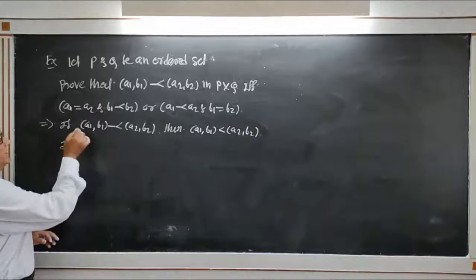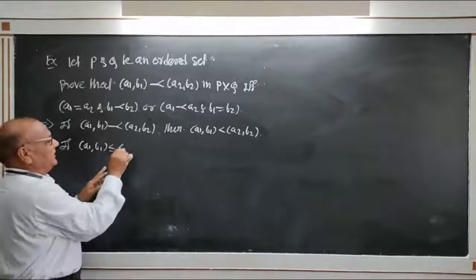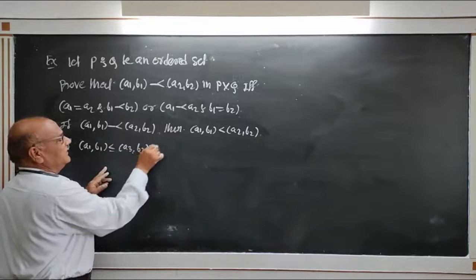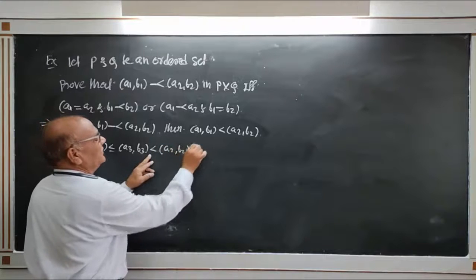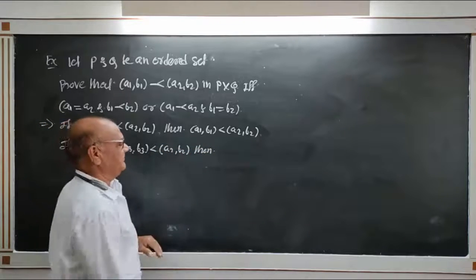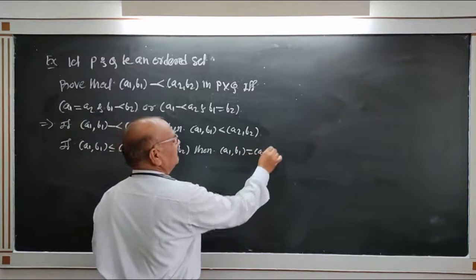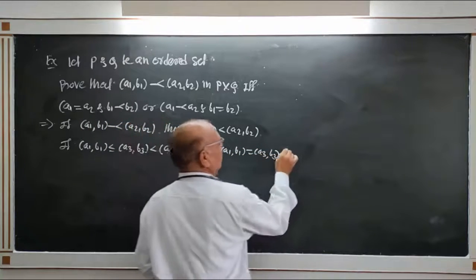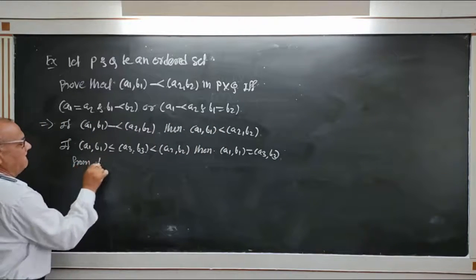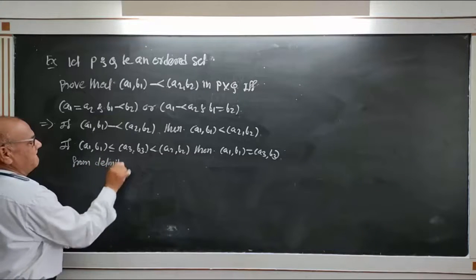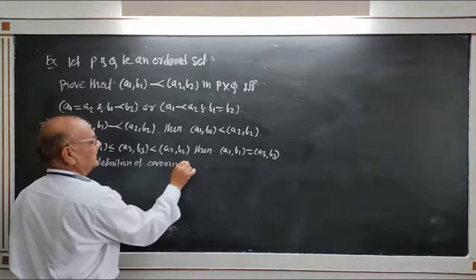If (A1, B1) is related to (A3, B3), which is strictly related to (A2, B2), then (A1, B1) is equal to (A3, B3) by the definition of the covering relation.